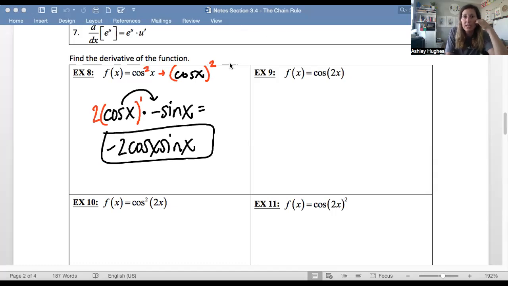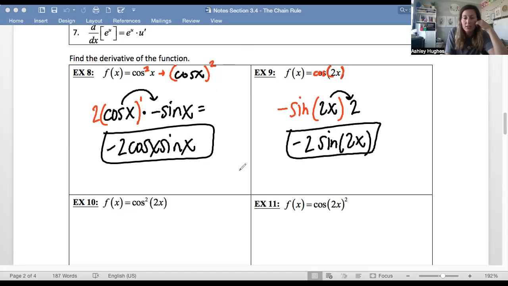Now this one is the opposite. Here the shell is the cosine part. The derivative of cosine of something is negative sine of that same something times the derivative of that something. So negative 2 sine of 2x. Now this is with them combined together, okay?